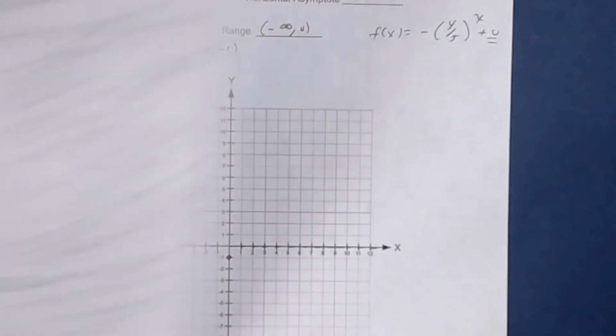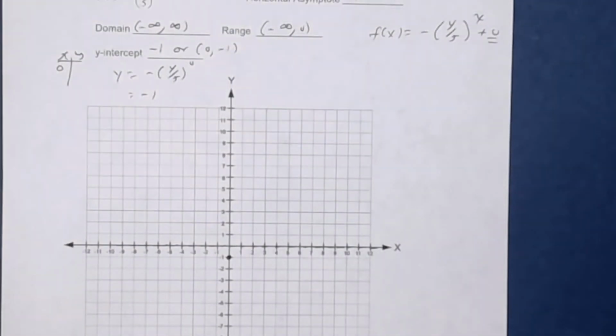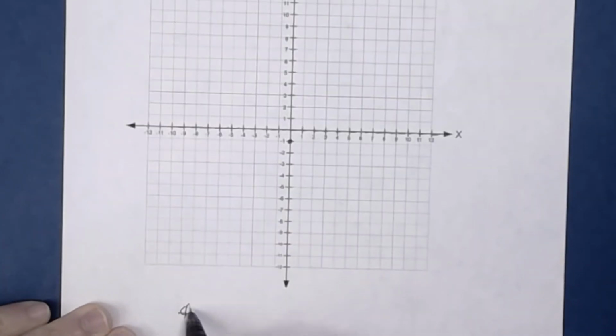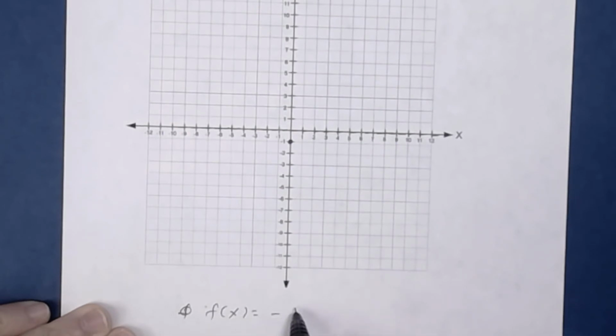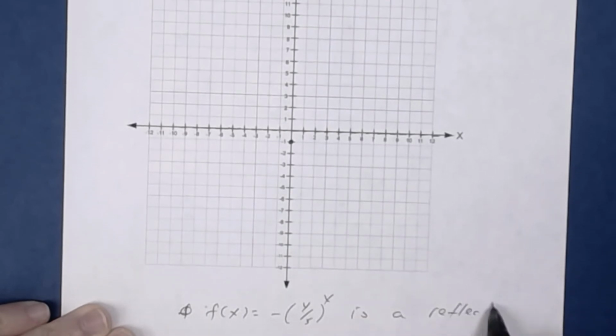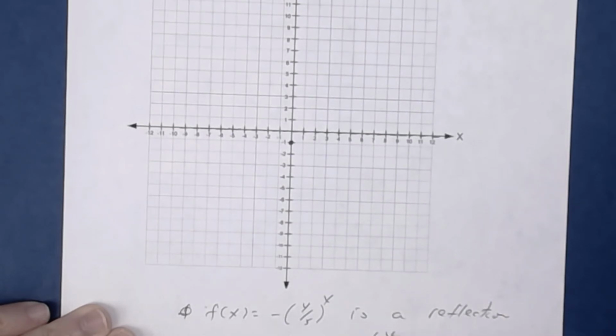So I want you to look at this. I'm going to write this here. f of x equals negative 4/5 to the x is a reflection of y equals 4/5 to the x.